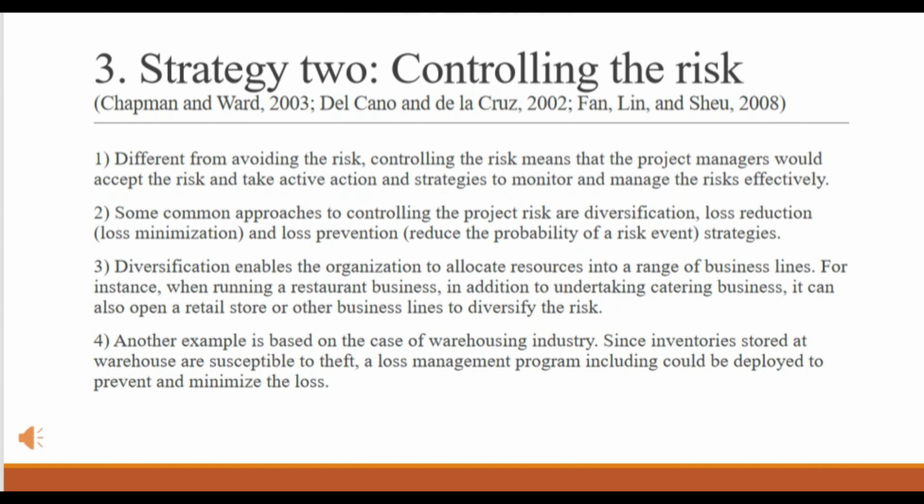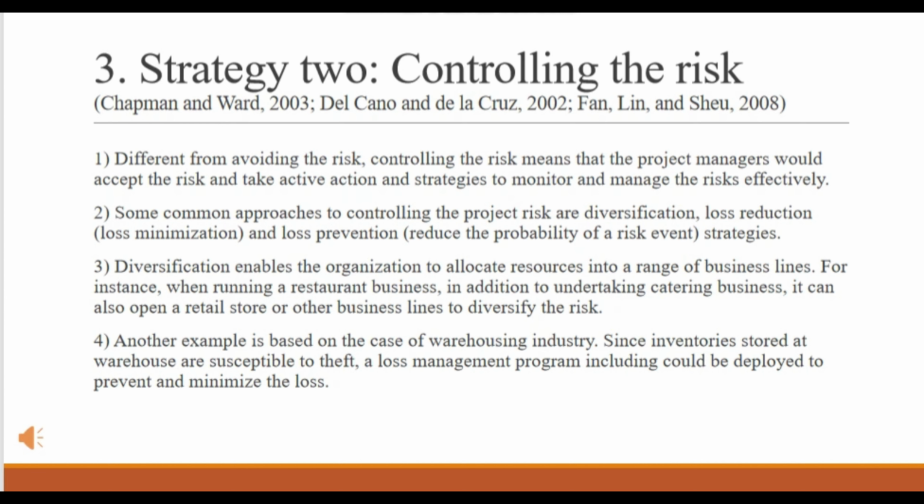Moreover, there are certain common approaches that can be applied in controlling the project risk, which are diversification, loss reduction, which tries to minimize the loss, and loss prevention, which tries to reduce the probability of a risk event occurring.